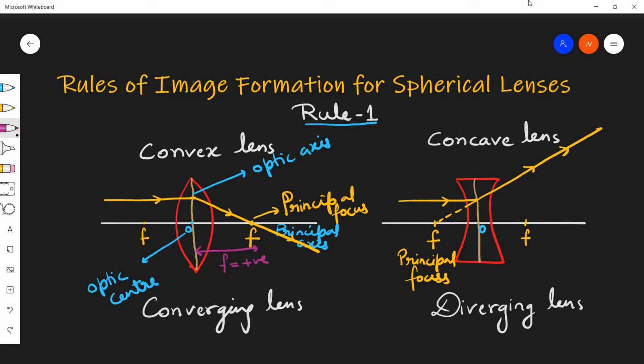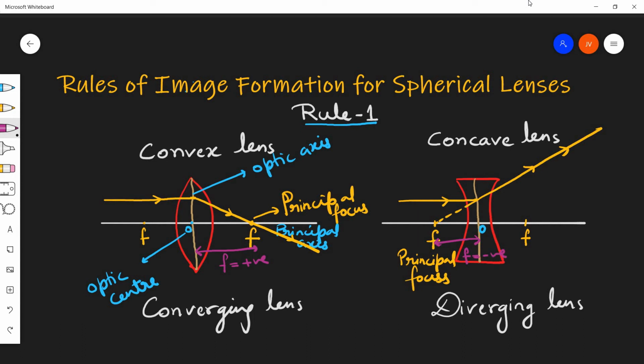And in case of concave lens, principal focus is on the left side. The distance between optic center and principal focus is called focal length, and focal length has to be taken negative. Why?